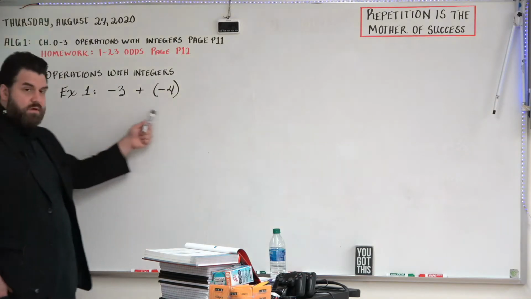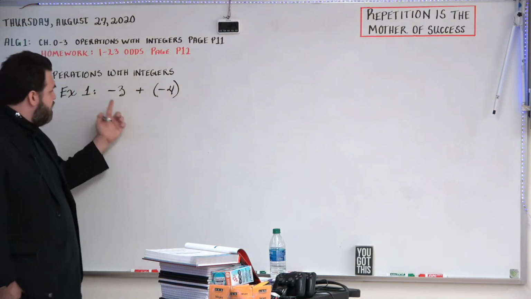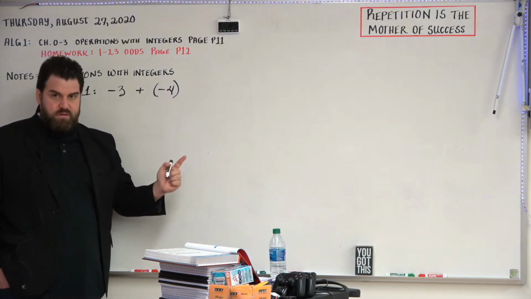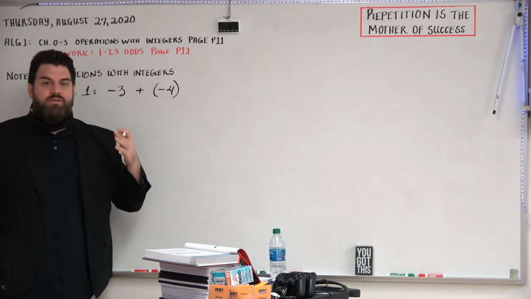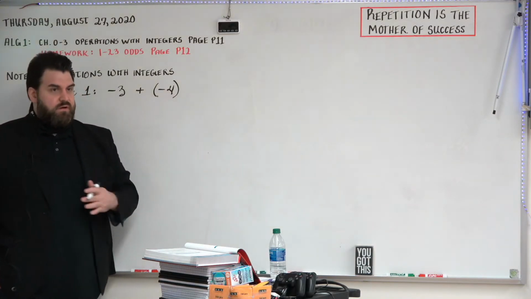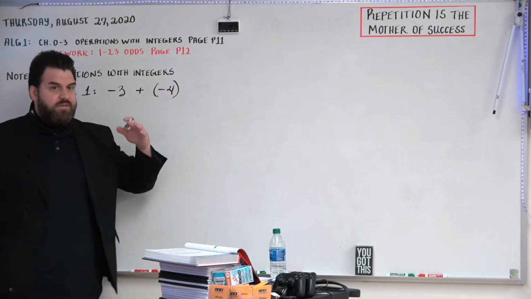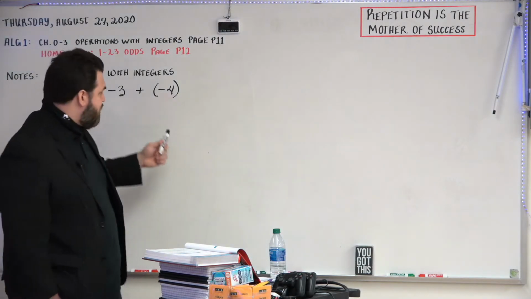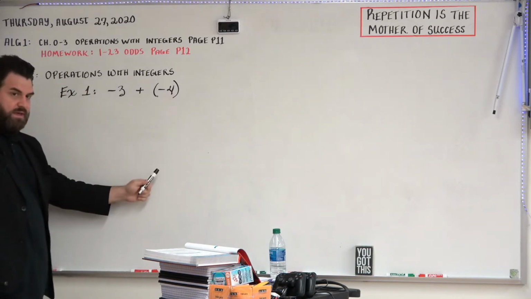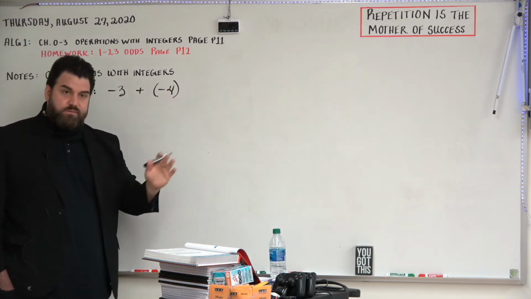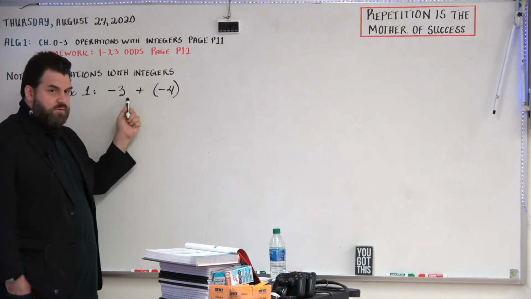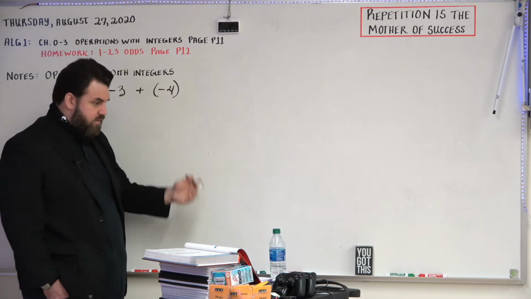Okay, so the rule here is that if you are adding two negative numbers, the result will always be a negative number. Y'all all know that, right? It's always going to be a negative number. If you see two negative signs and an addition sign, it's going to be negative. Now it's different for subtraction, but two negative numbers add to be a bigger negative number.